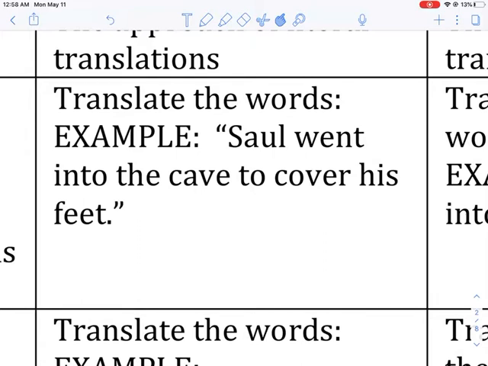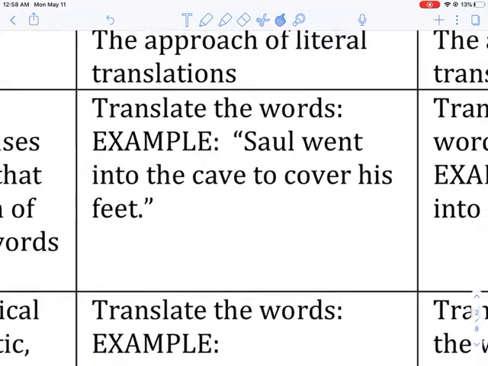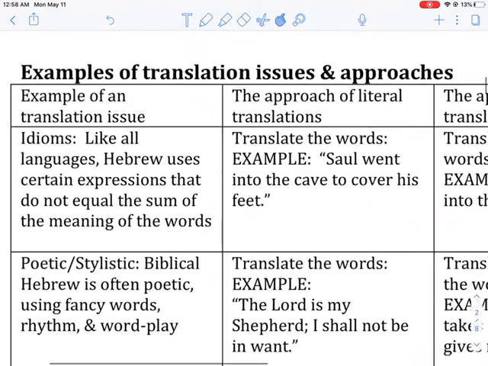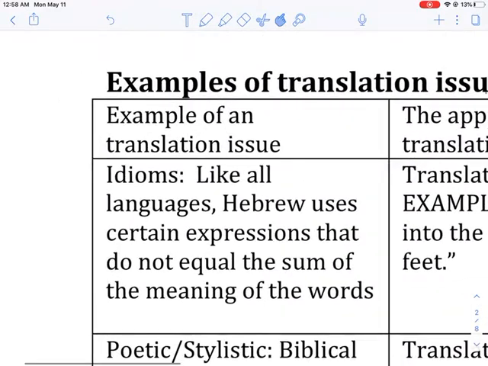Now, you may picture Saul going into some cave and putting leaves over his feet, and then walking out, or you may ask, is he putting on his shoes, or what's going on? Well, this is a Hebrew idiom or expression that means to urinate, to take a pee, to relieve himself.